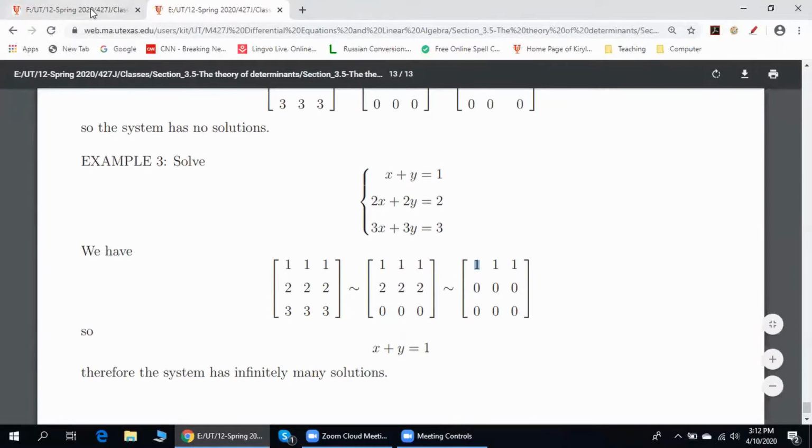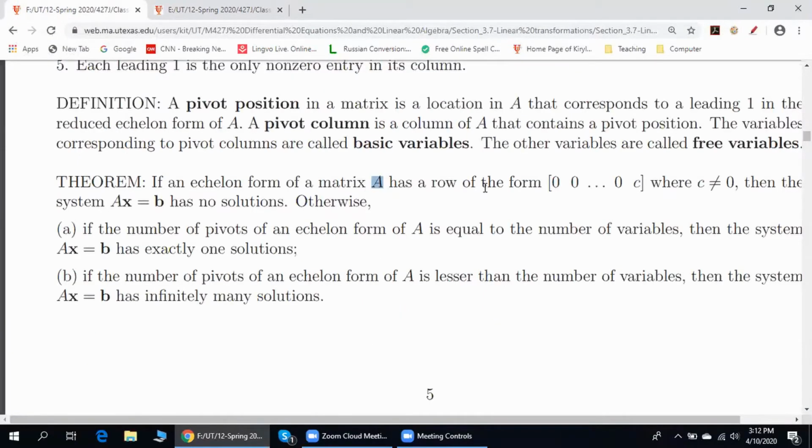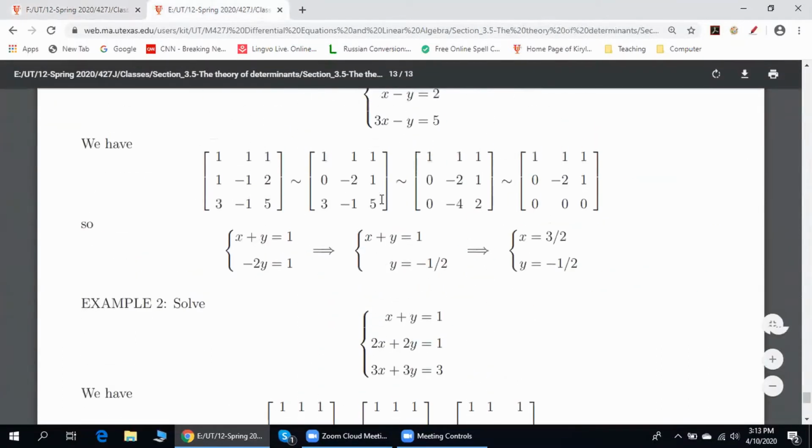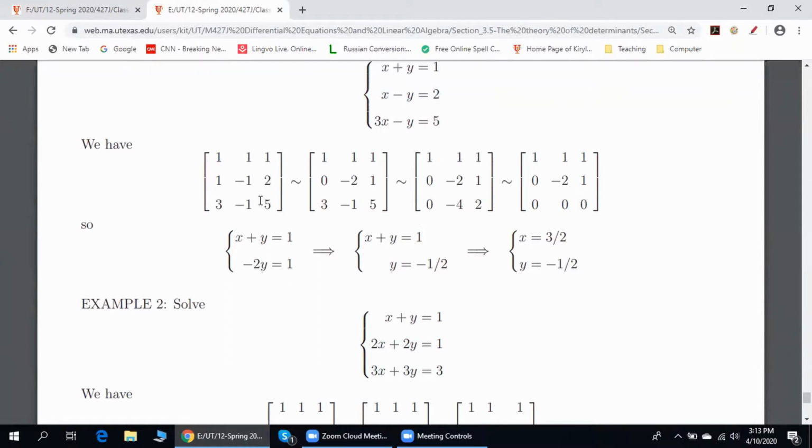Folks, any questions here? So an automatic tell that there are no solutions is if in your augmented matrix you have all zeros and then a constant. Is that correct? Not in the augmented matrix. So we start with an augmented matrix. Then we apply elementary row operations in order to come up with an echelon form.